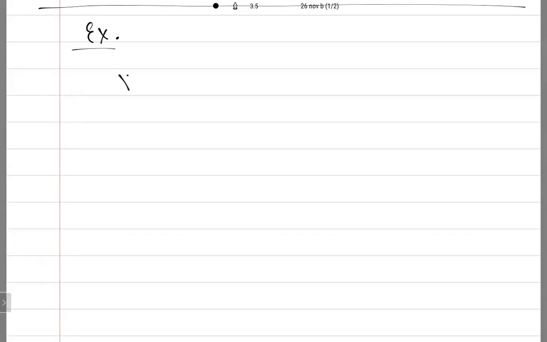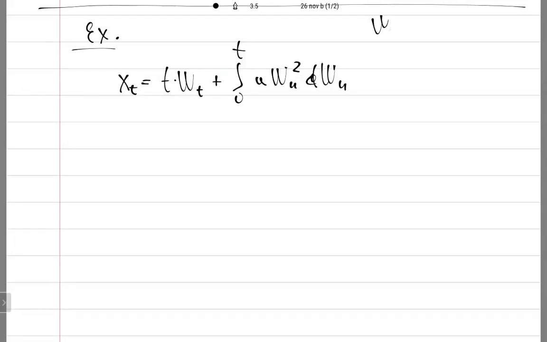Consider X_t, that is t times W_t plus the integral from 0 to t of W_u squared dW_u. W always denotes the Wiener process.